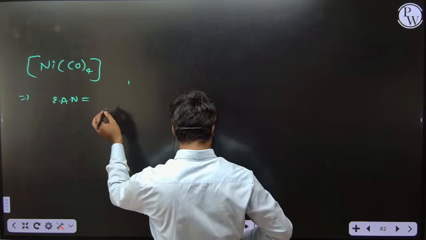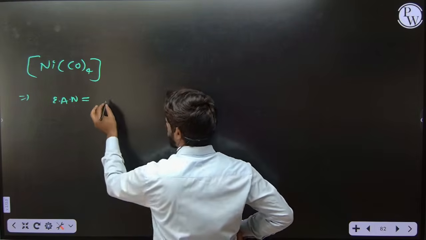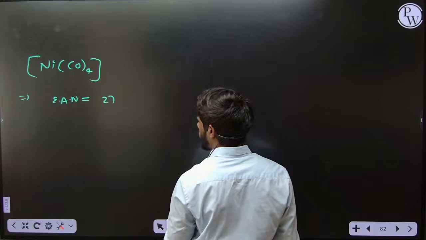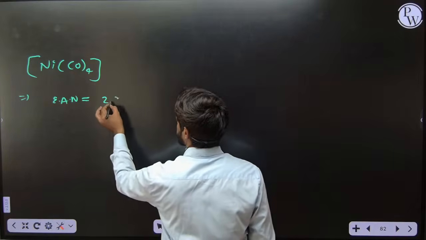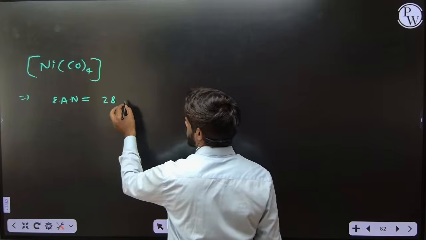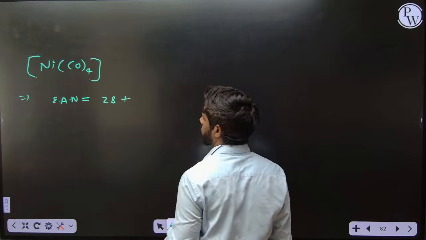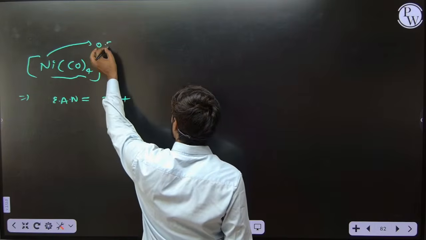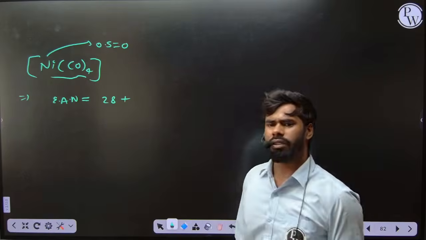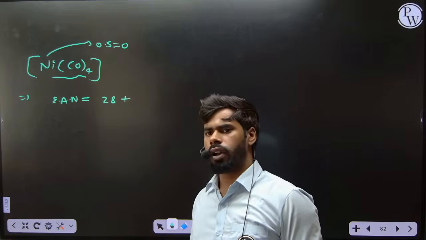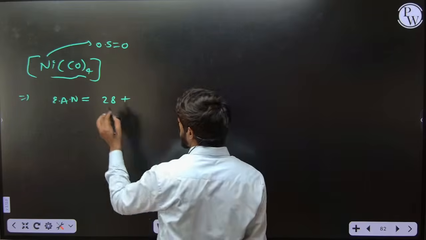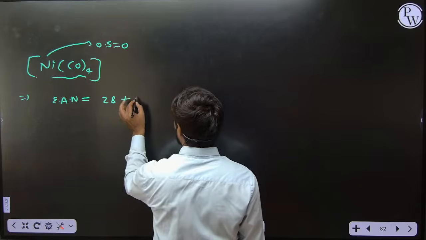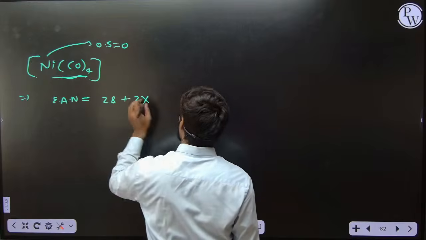Its Z value is 28. Next, the oxidation state of this metal is 0. A metal has oxidation state 0 only in the case of metal carbonyls. So it is 28 minus 0 plus 2 into the total number of coordinate bonds formed, that is 4.